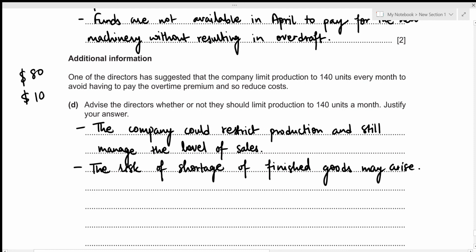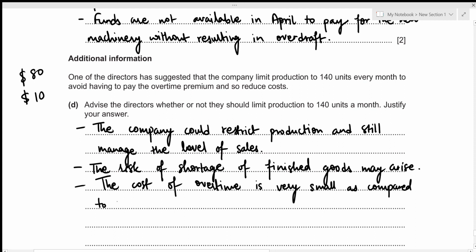So we can say that the cost of overtime is very small as compared to the basic labor cost.